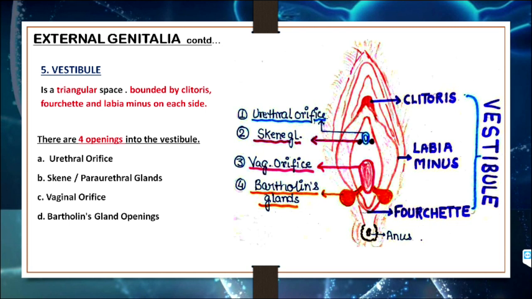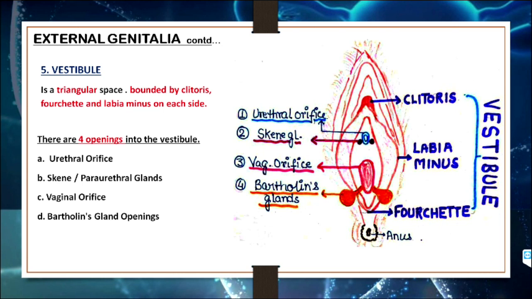See in the diagram, it is bounded anteriorly by clitoris and posteriorly by fourchette, and on both sides there is labia minora. I have written in very bold letters and capital letters.